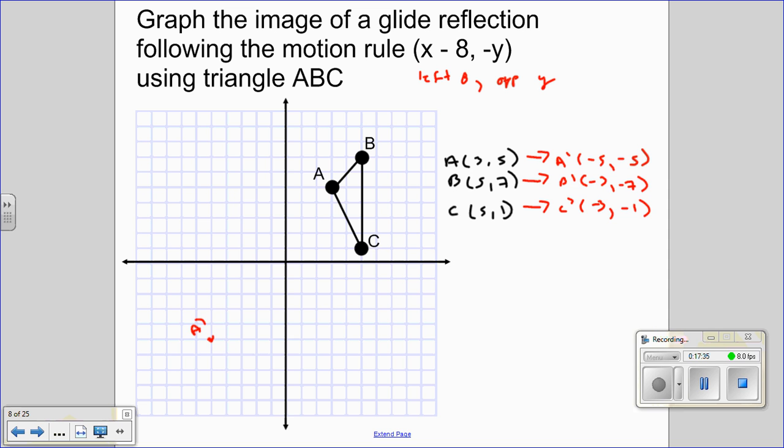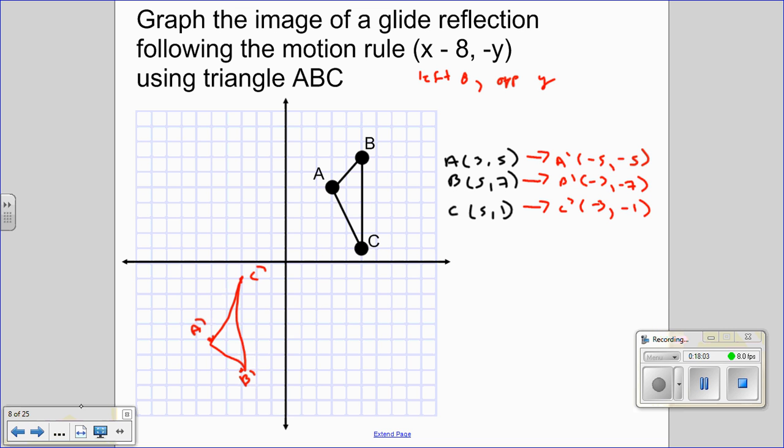A prime. (-3, -7) would be here. B prime. And then (-3, -1) would be up here. That's C prime. So connect the triangle. Sorry, it's not straight, but you still see the point.